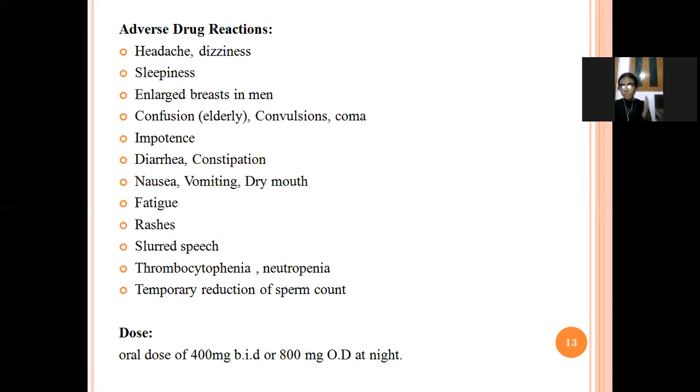So these are the adverse drug reactions of the cimetidine drug. Next, the oral dose: we should take 400 mg or 800 mg at night time.